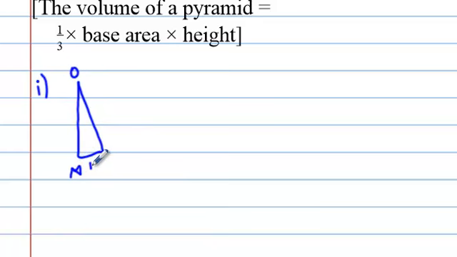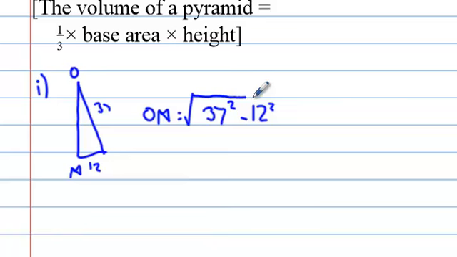I know this is 12, this is 37, so OM is 37 squared minus 12 squared, and that's square rooted, which is the square root of 1225, which is 35 centimeters.